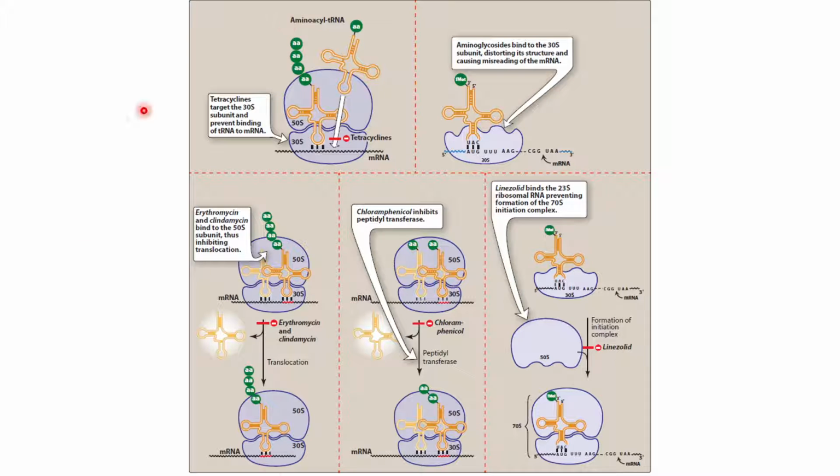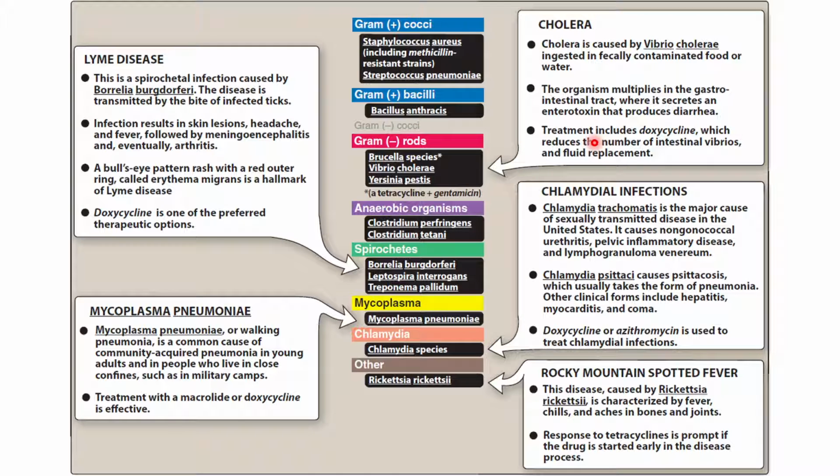So these are the different mechanisms of action. The groups differ by binding to different subunits of the ribosome. Tetracyclines and aminoglycosides bind to the S30, others bind to the S50 subunit, and also different steps of translation are inhibited by these antibiotics.